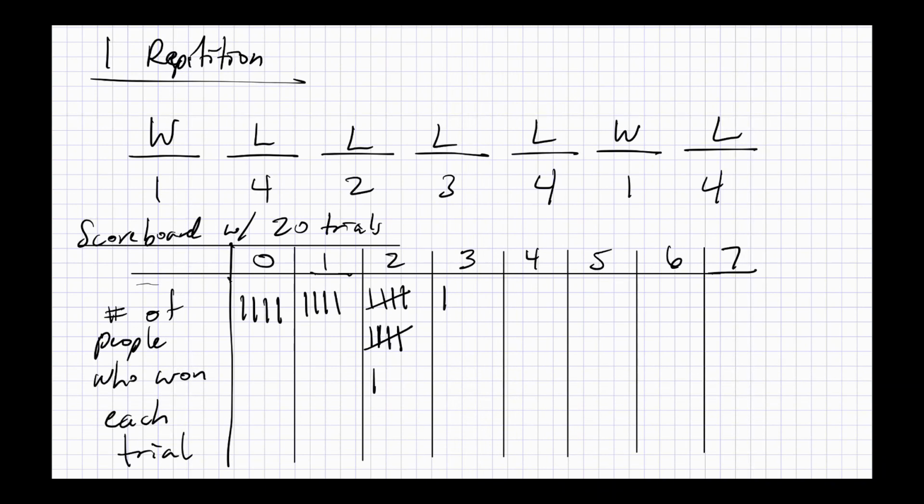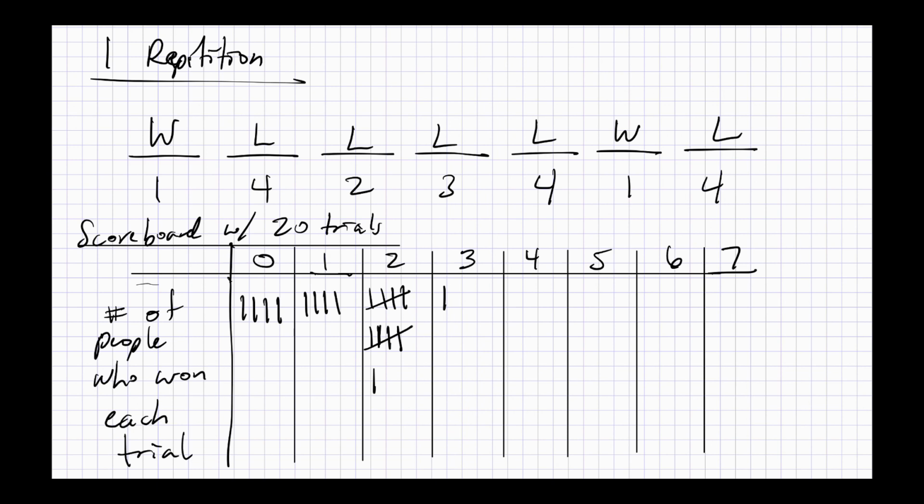So the first one I rolled a 1, so that first friend would win. The second, third, fourth, and fifth person rolled something other than a 1. The sixth person rolled a 1 again, so that person would win, and the seventh person got a 4, so 2 in this case.